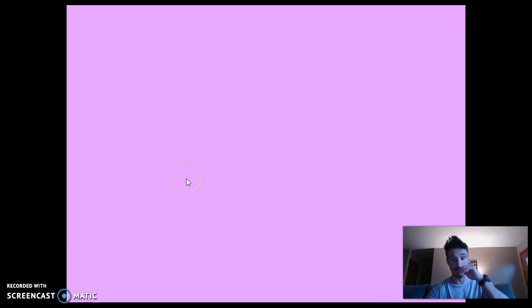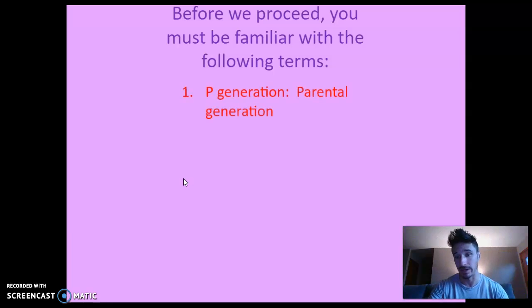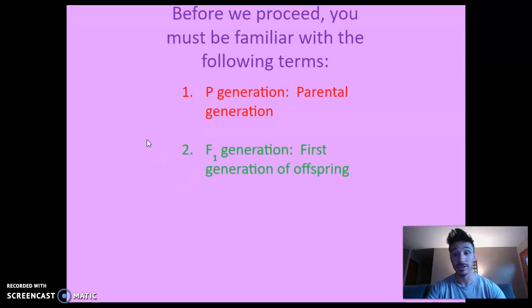Now, before we move any further and look at the actual crossing of these traits and track the traits through generations, we have to know some terminology. P generation means parental generation, the parents. F1 generation refers to first generation of offspring, okay, so the parents' children.